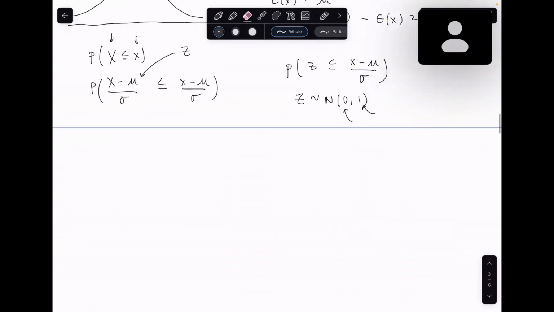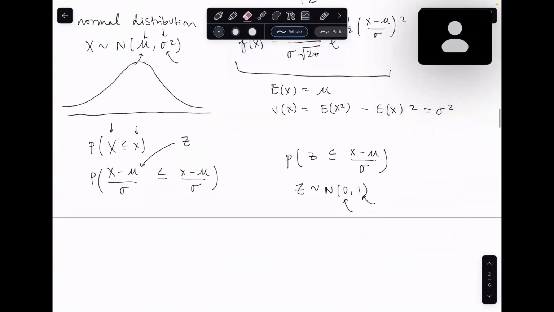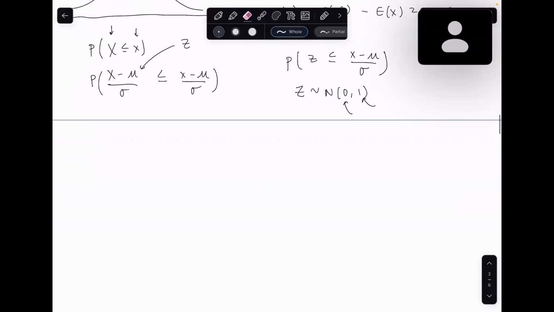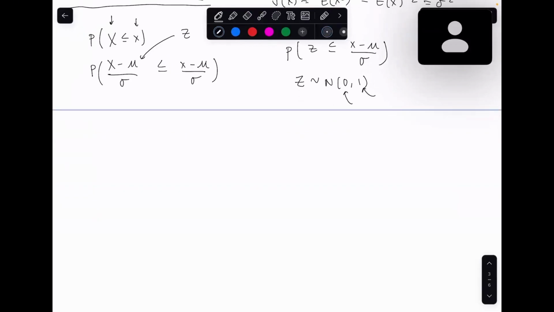And so for a few problems, we're going to practice using that table. I just took these problems from your homework, because I think your homework is actually very useful in helping prepare for the exam. So we'll do a few of these and I'll walk you through how I go about them. If you have any questions, let me know. If you're given this problem, you need to find this.